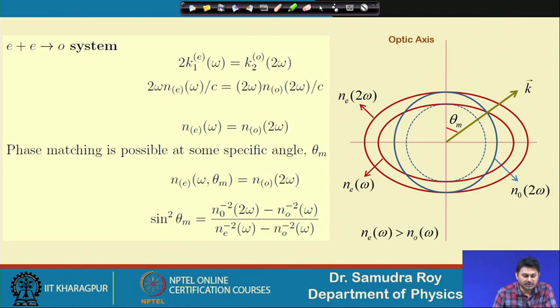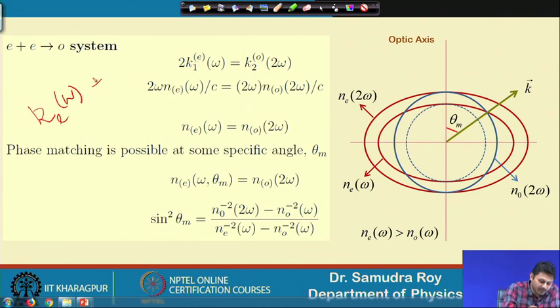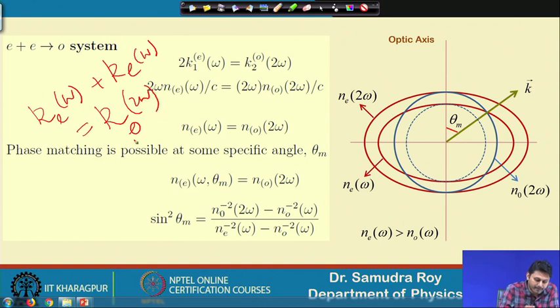In the EE to O system, two k vectors are extraordinary waves. So, k_e at omega plus k_e at omega, these two extraordinary wave vectors will be equal to k_o of 2 omega. k of omega is represented by k1, k_e at omega is represented by k1, and k of 2 omega is represented by k2.